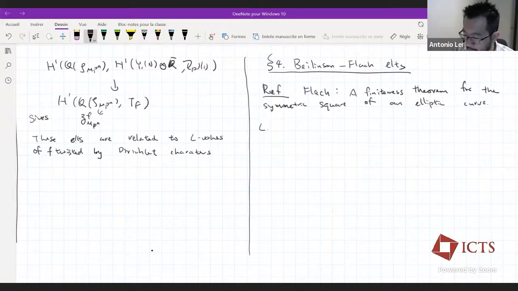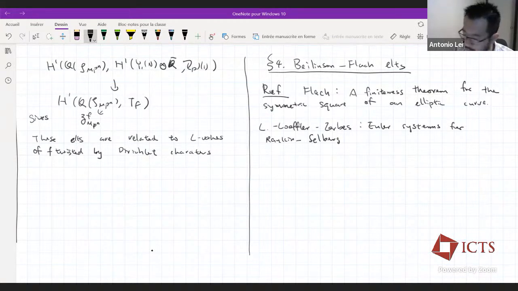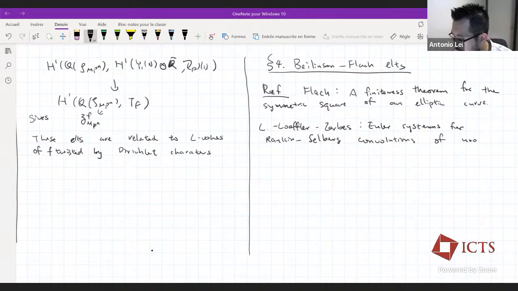Another paper that you can have a look at is a paper of mine with Loeffler and Zerbes called Euler Systems for Rankin-Selberg Convolutions of Modular Forms, with bounds.